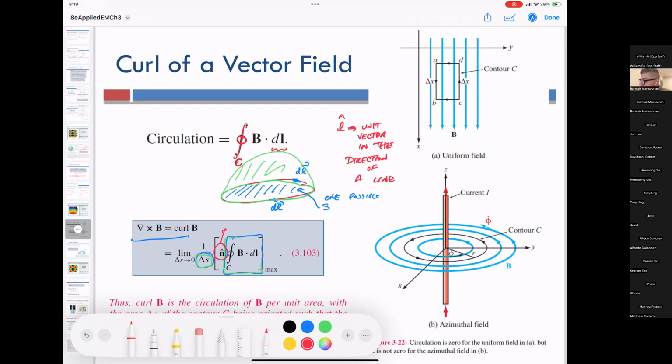Okay, so now imagine this B was the magnetic field.